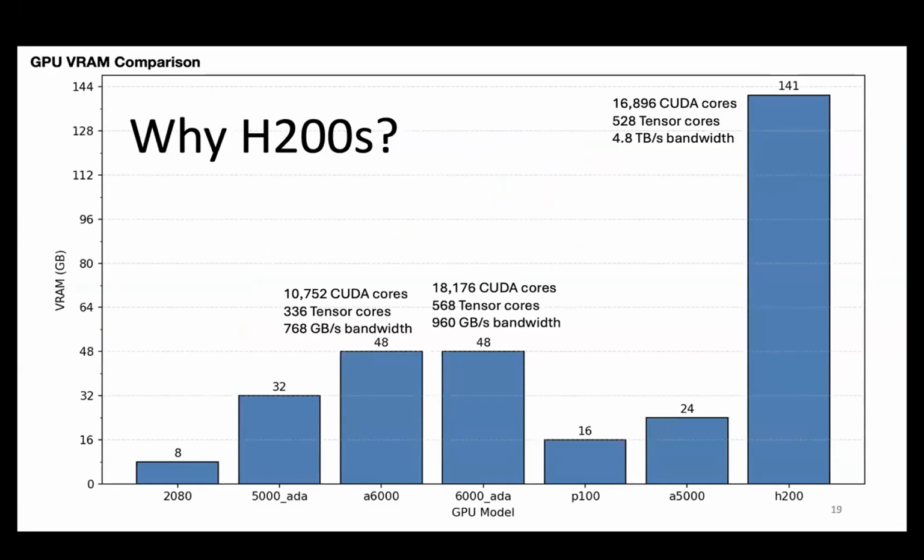All right, this is a comparison of the VRAM of the popular GPUs that we have here. You can see A5000s, A6000s have 48 gigs of VRAM, but H200s towers over those. The H100, I think, is 80 gigs, if I remember correctly. That's around here. That's why the H200s are so popular, especially with LLM modeling and machine learning training and so on.